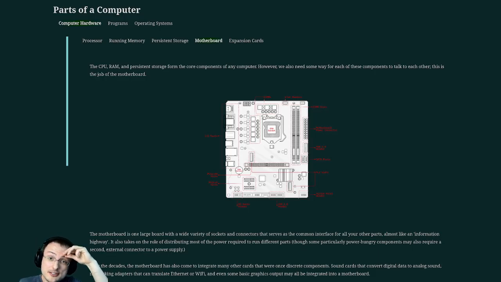One of the neat things about the motherboard is over time, things that used to slot into these extra slots down here, things that were expansion cards, have come to be so cheap to make, so universal, that there's no difference in quality anymore, that now most motherboard manufacturers just print them right on this board.